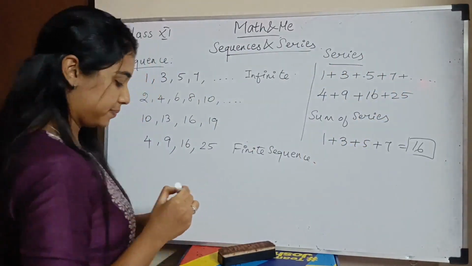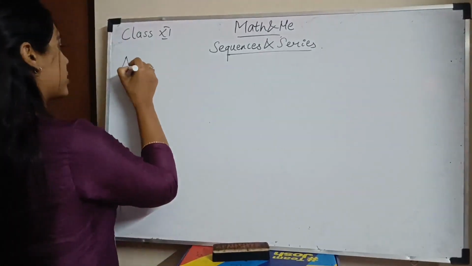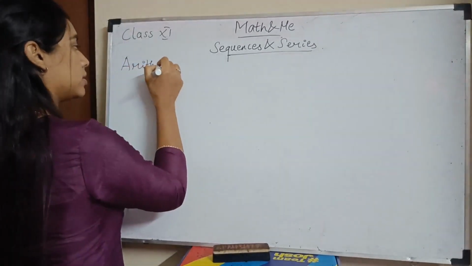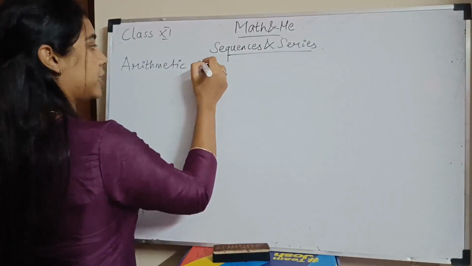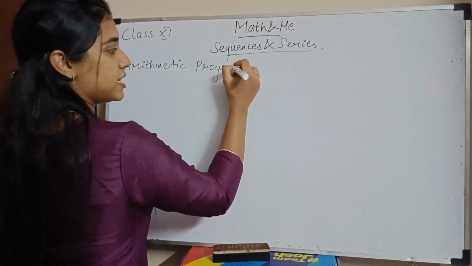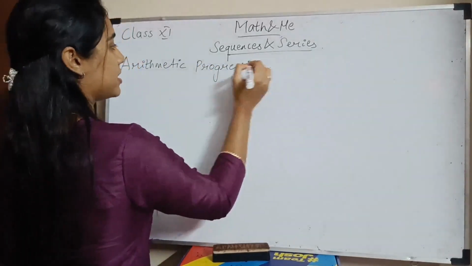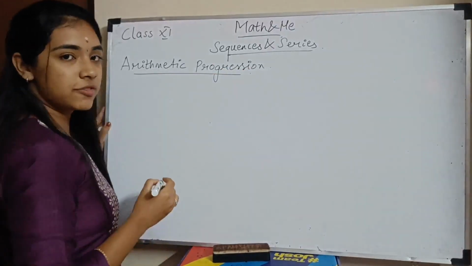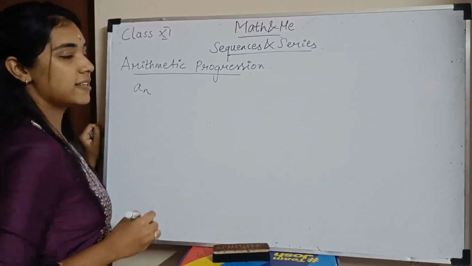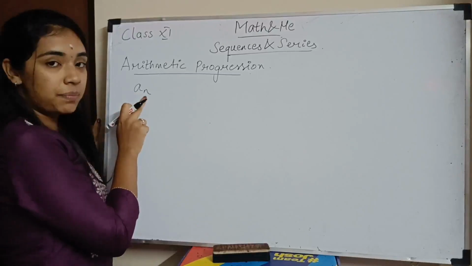The next topic is arithmetic progression. You have learned this in your 10th standard, but still, I'll just remind you with the formulas. First formula. This is the nth term, A subscript n.